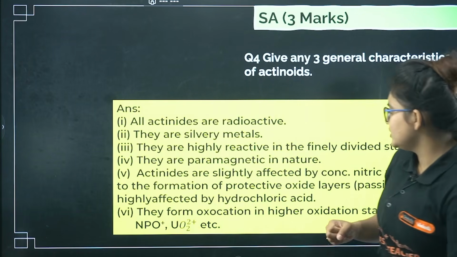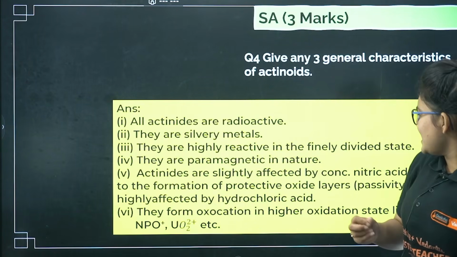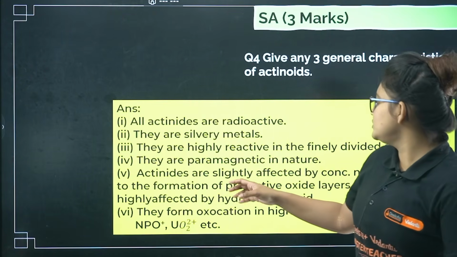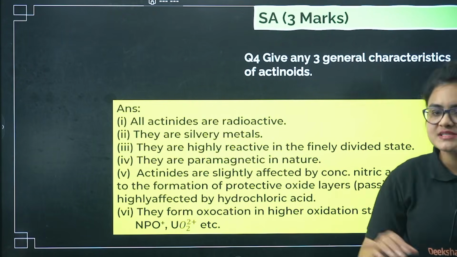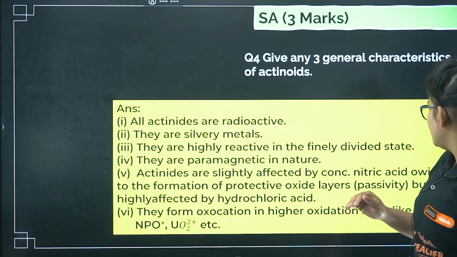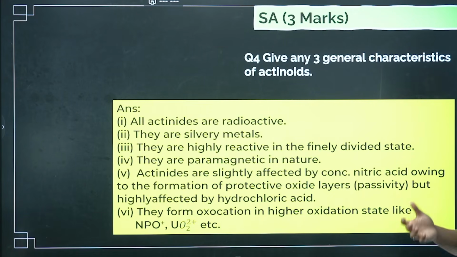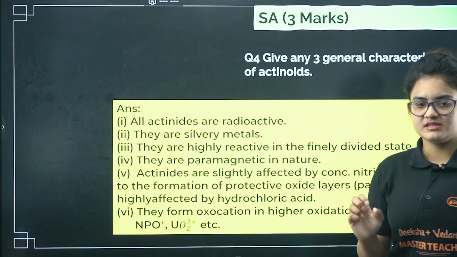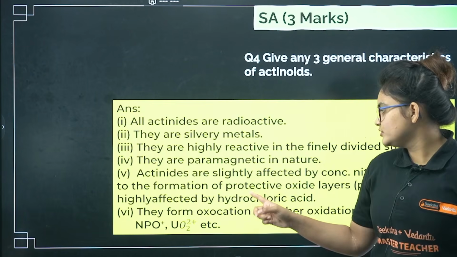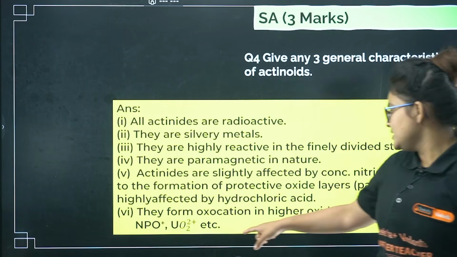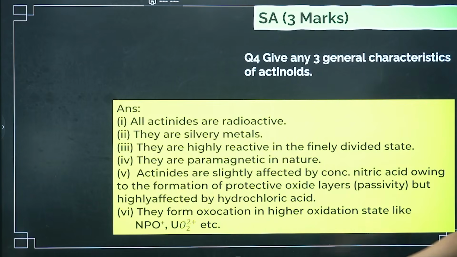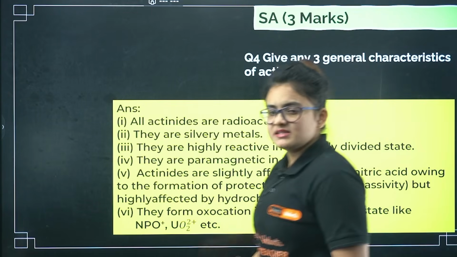What more can we say? They are slightly affected by concentrated nitric acid owing to the formation of protective oxide layers, which basically creates passivity. They are highly affected by hydrochloric acid. And they form oxocations, as you can see, neptunium with oxygen, NpO+, is an oxocation. I guess it's clear to you.